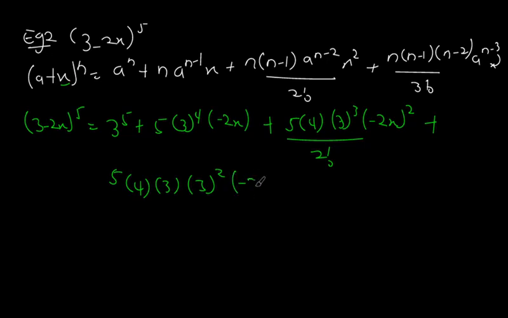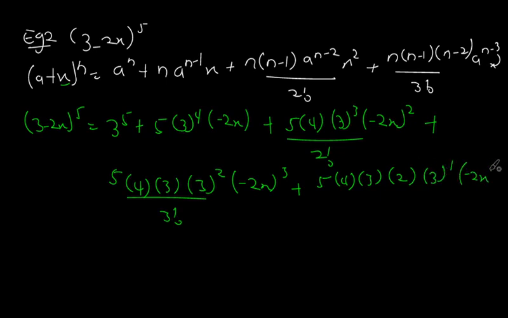Then we have our negative 2x will now have the power of 3 divided by 3 factorial. Then plus we have 5, 4, 3, 2, then 3 raised to the power 1, negative 2x raised to the power 4, all over 4 factorial.